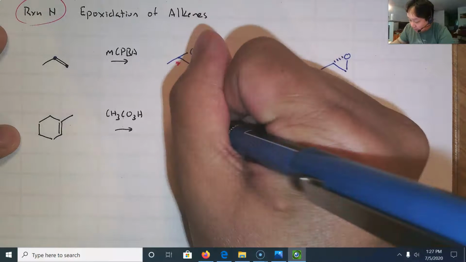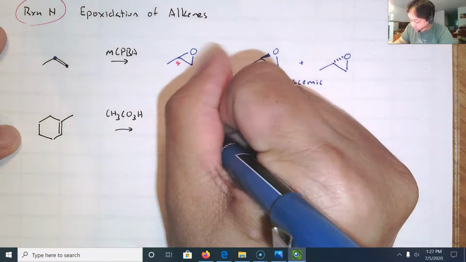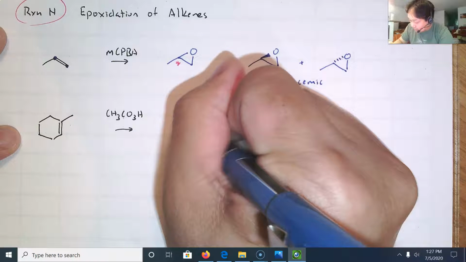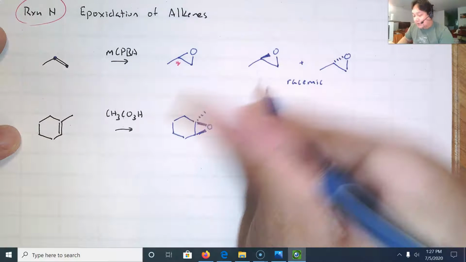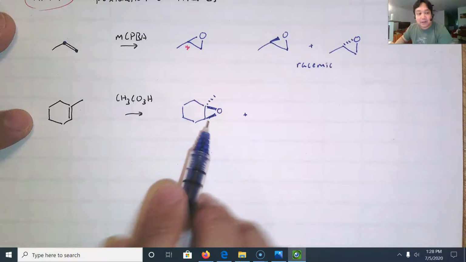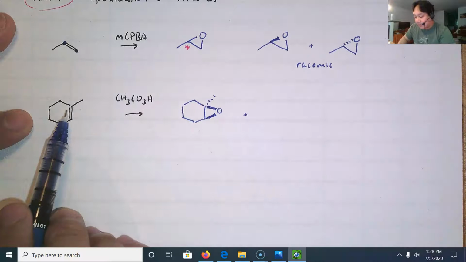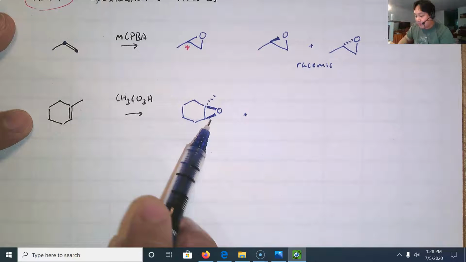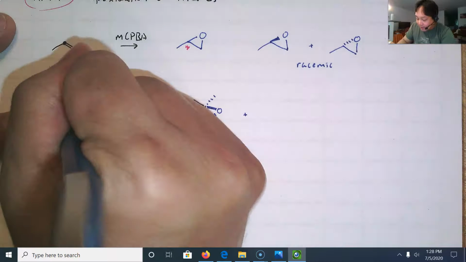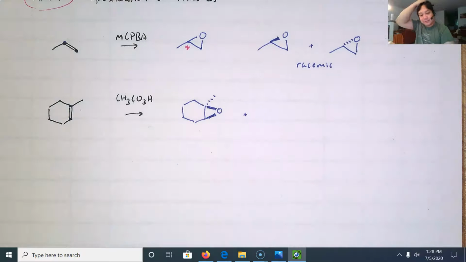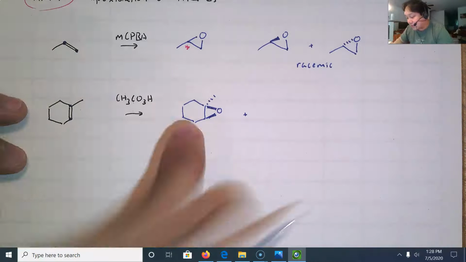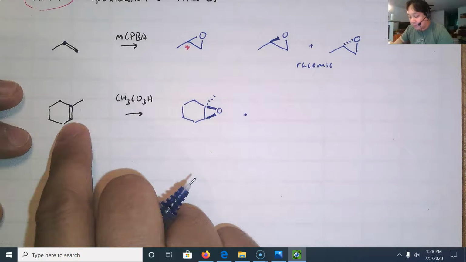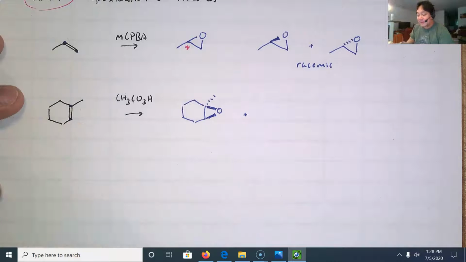So let's draw that product first. Think of it as the oxygen hovering above these 2 carbons of the double bond. That's where the oxygen is, and the methyl group got pushed to the back. But what if the oxygen is below the pi bond, underneath the desk?